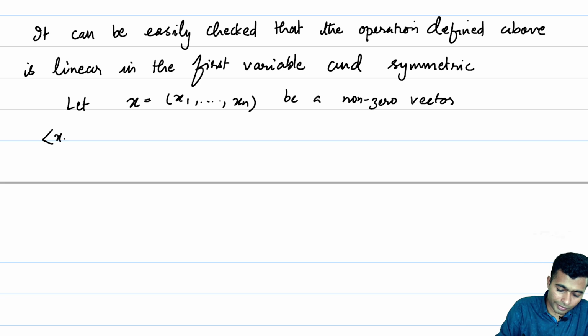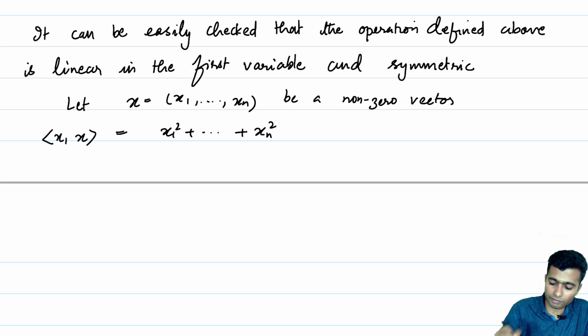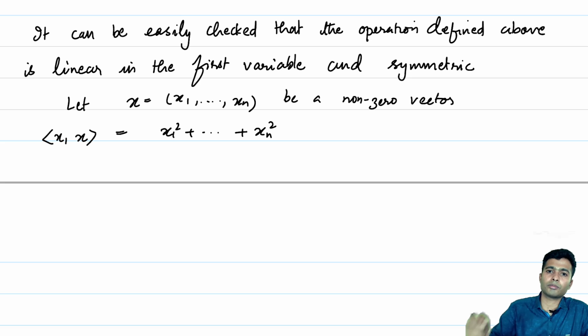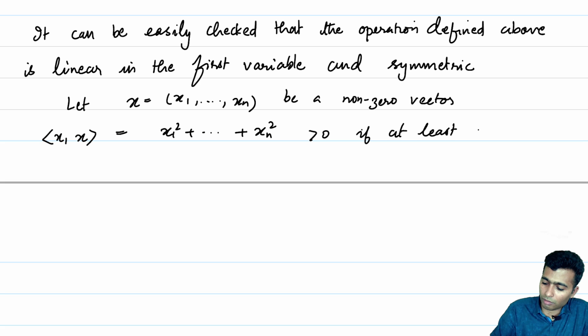Then what is the inner product of x with itself? This is equal to x1 square plus up to xn square by very definition. But each of these is a non-negative number, and at least one of them has to be positive. It's a square, so it has to be a non-negative number always, and if xi is not 0, it will be a strictly positive number, which is greater than 0 if at least one of xi is non-zero.